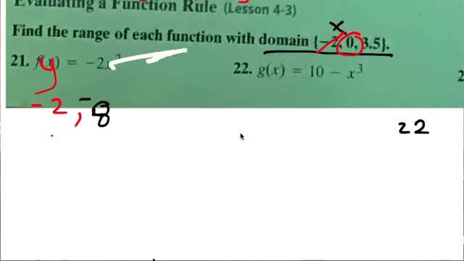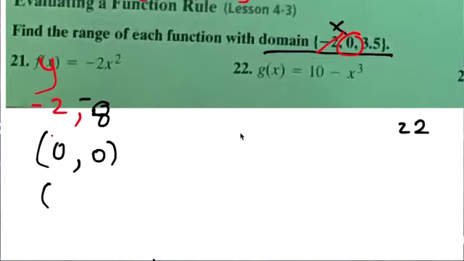Okay. If x is 0, y then is 0. X is 3, y then is, put 3 in there. That's 9 squared. That's 9 times -2 is -18.